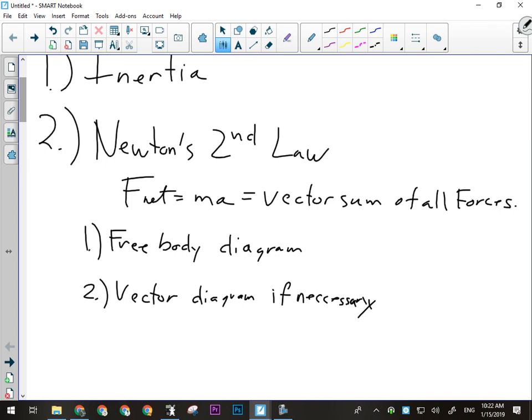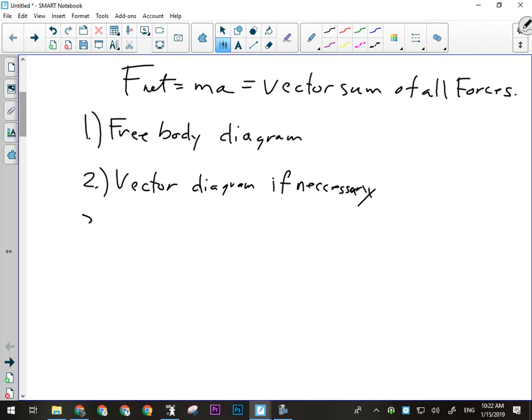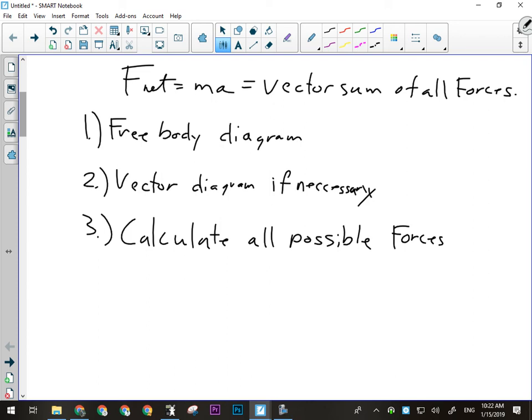And then calculate all possible forces. That could include net force.